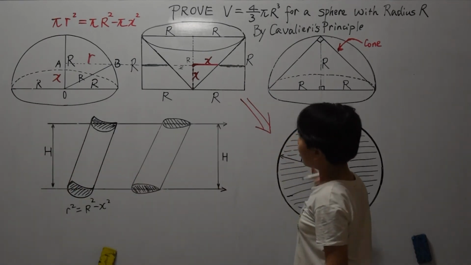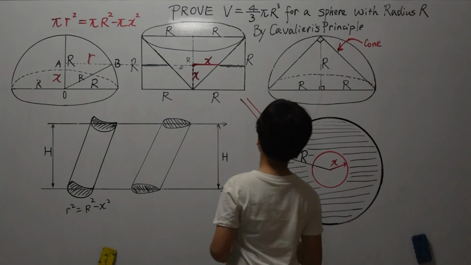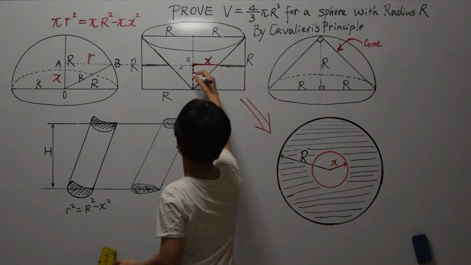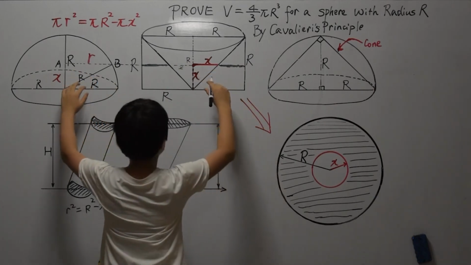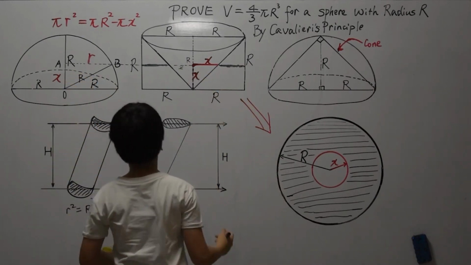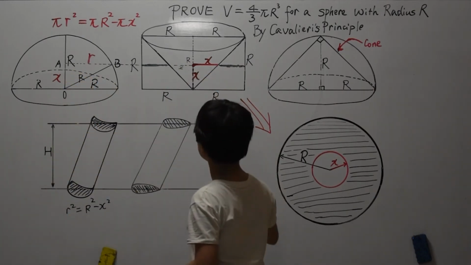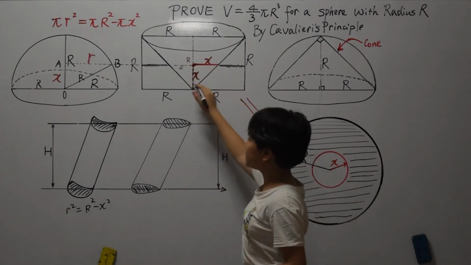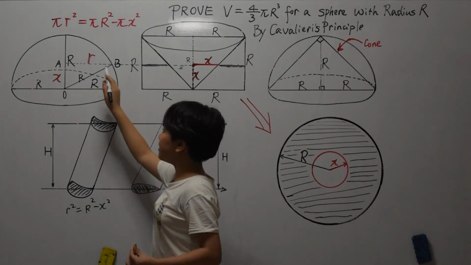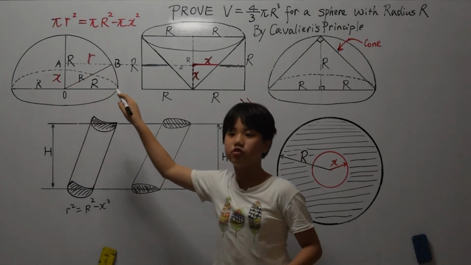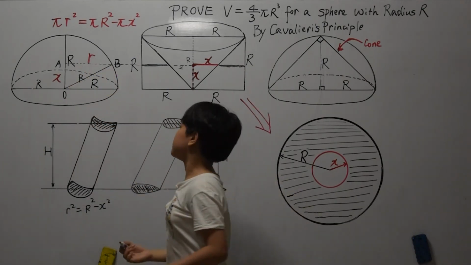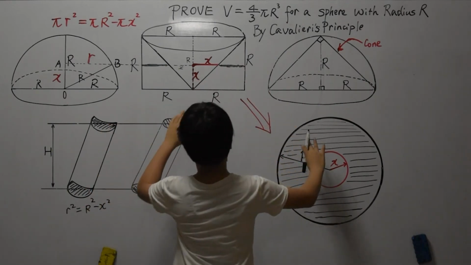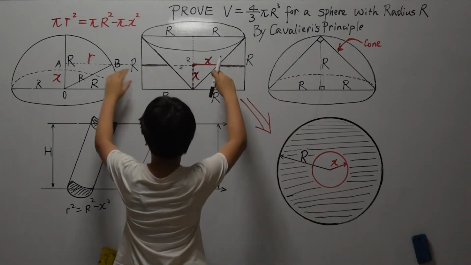So now if you have realized, when this goes down, this also is like this, then isn't this whole cylinder basically this cone and this semisphere together? Yes, it is. Because for every layer, they are all perfectly the same.